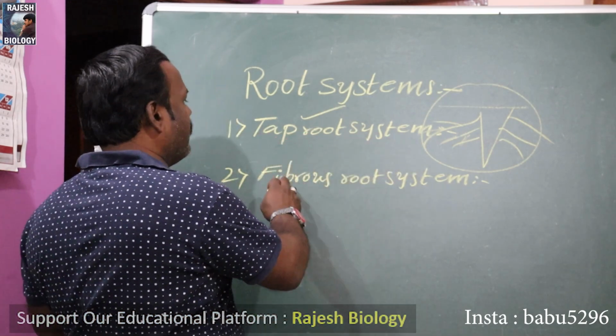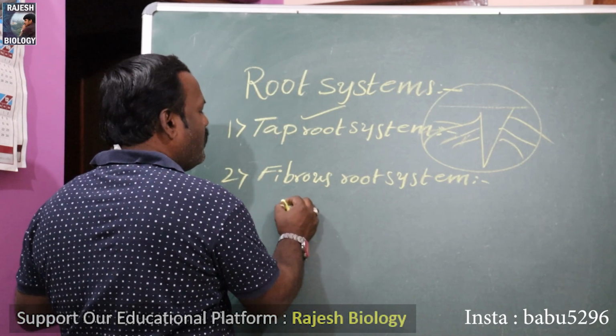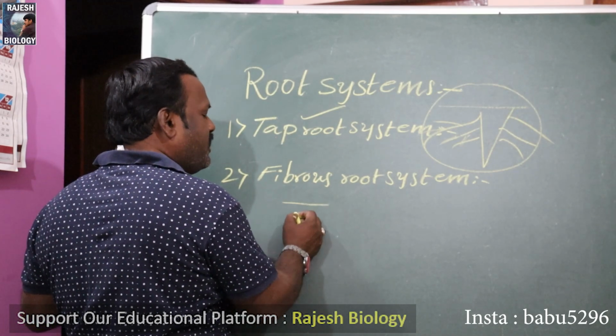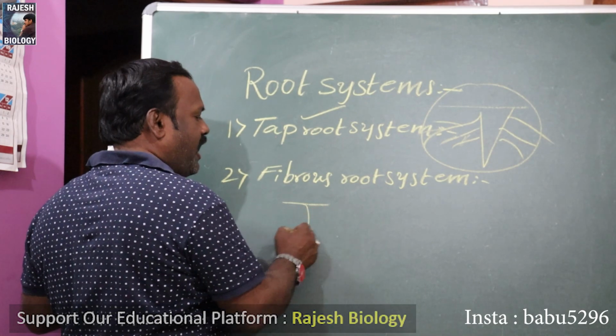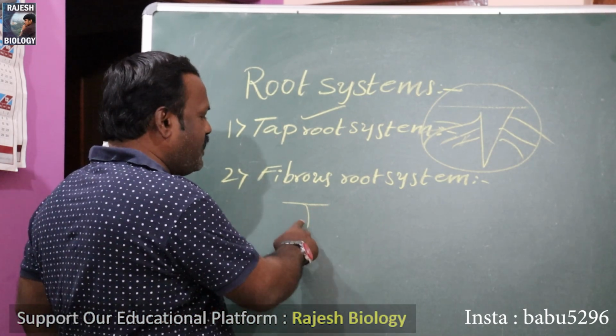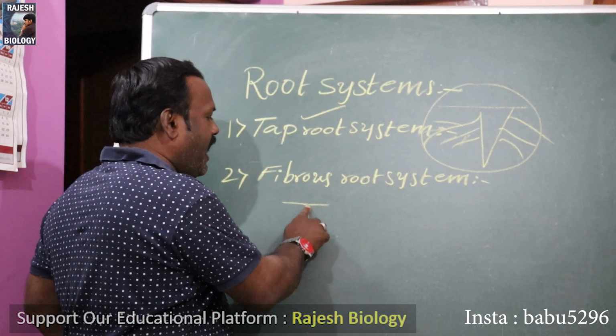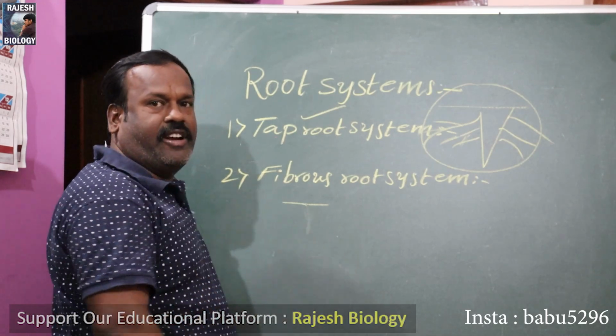The second one is the fibrous root system. In this also, during seed germination, a small thread-like structure comes, and this is the radicle, but the radicle is short-lived.